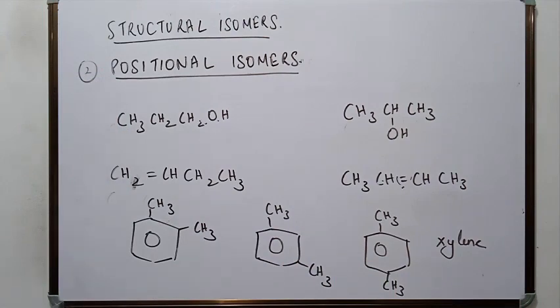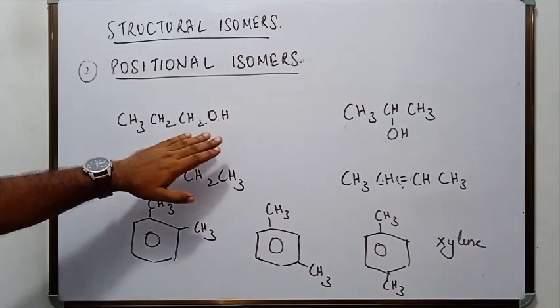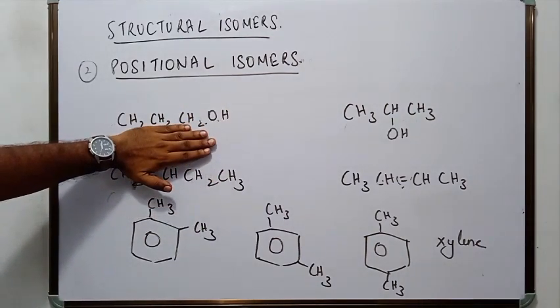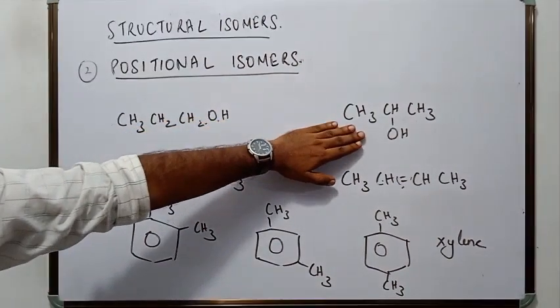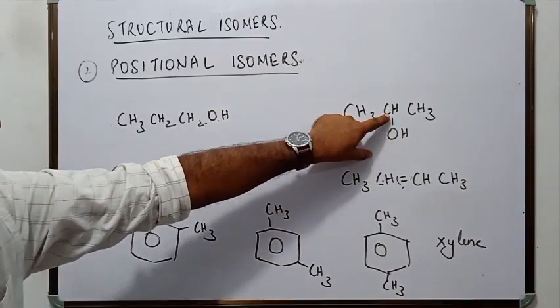So let us have a short recap of what is positional isomer. Positional isomers are those isomers in which the isomers differ in the position of the functional group that is attached to the carbon chain. So here we are seeing an example. This is N-propyl alcohol and this is isopropyl alcohol. Here OH group is attached to the first carbon atom, here OH group is attached to second carbon atom.